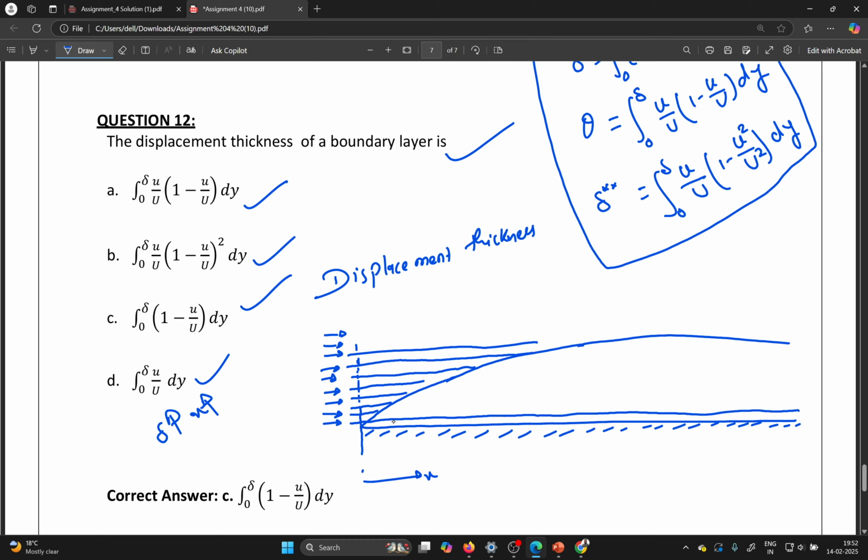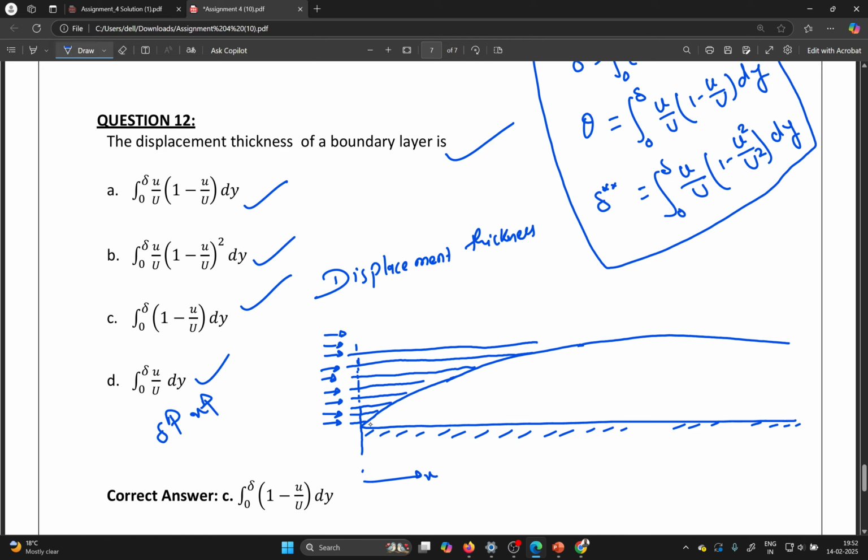If the distance from the bed to the streamline is 1 here, and also 1 here, and 1 here, this does not happen. What happens? Let me tell you.